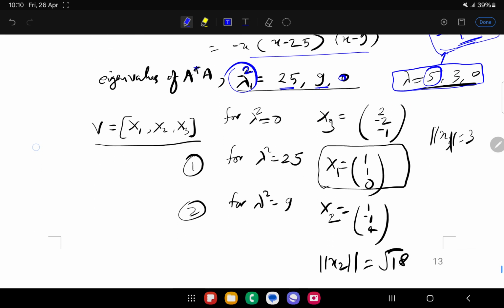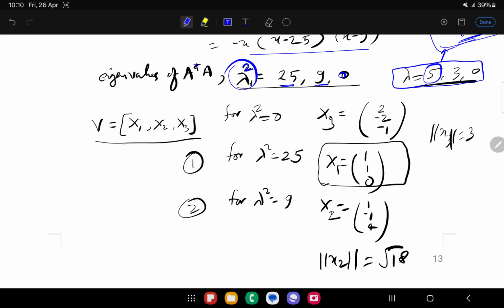Now we also let V be this x1 x2 x3, where x1 x2 x3 as column vectors are just eigenvectors of A star A. So for the eigenvectors of A star A, we calculated for 0, for 25, and for 9.